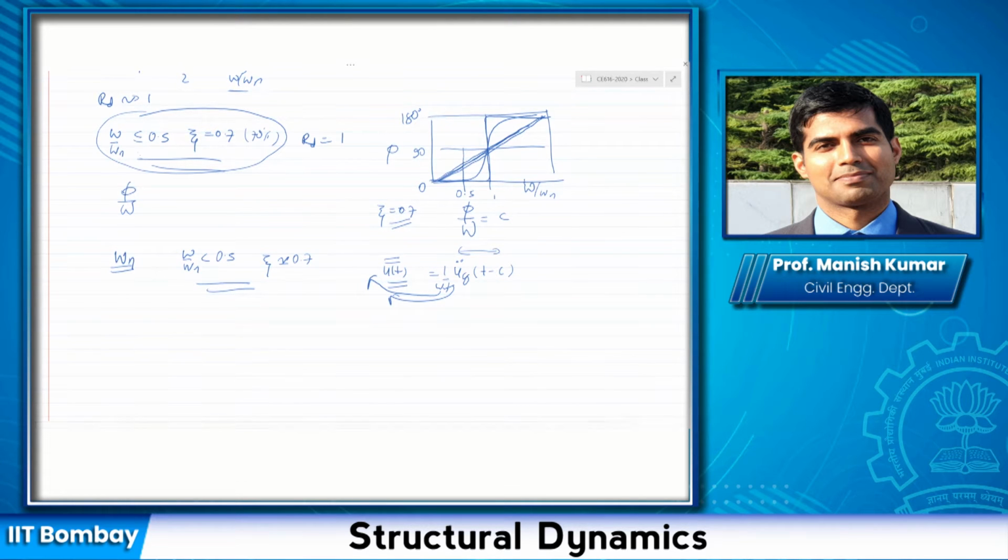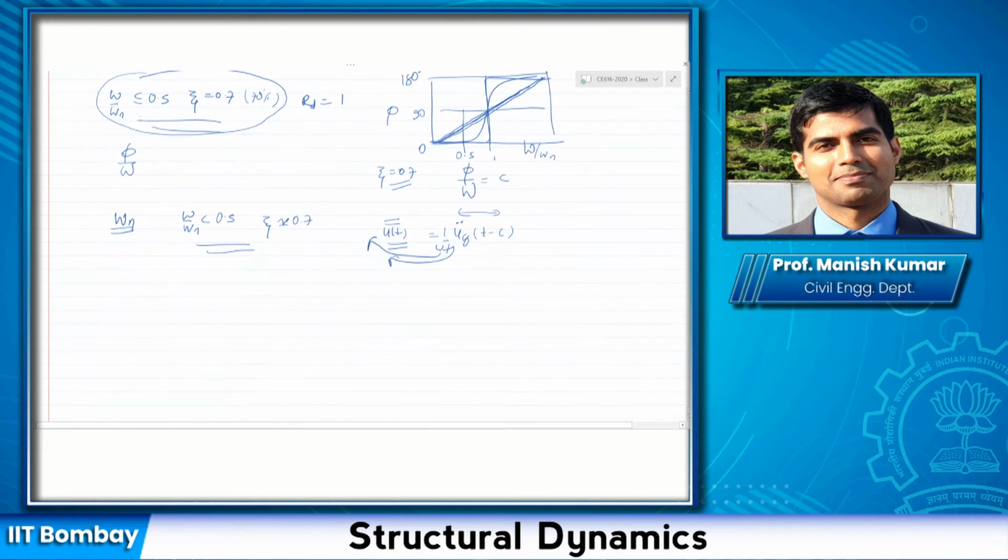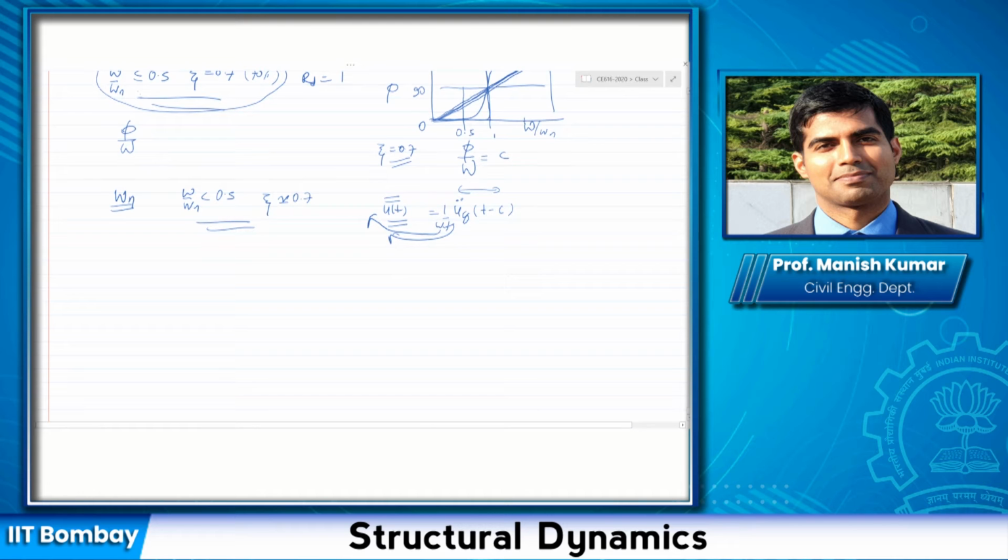So the conclusion is, if I have a spring mass damper system with a natural frequency of, let us say, 50 Hertz, then it can measure all excitations for which omega by omega n is less than or equal to 0.5.